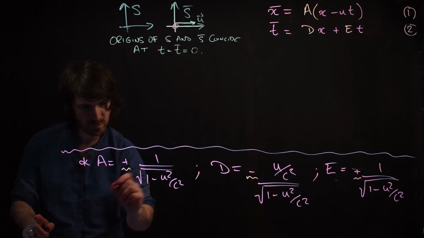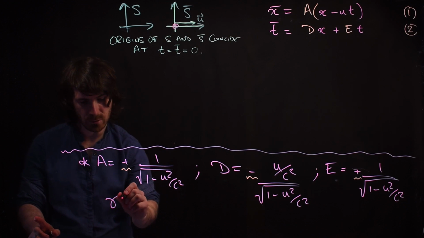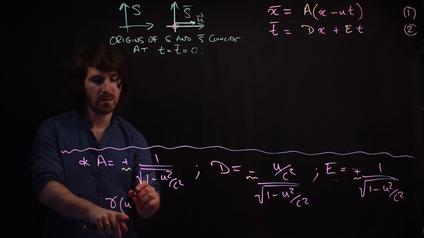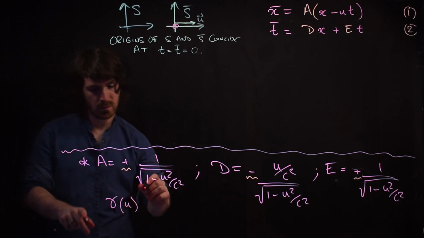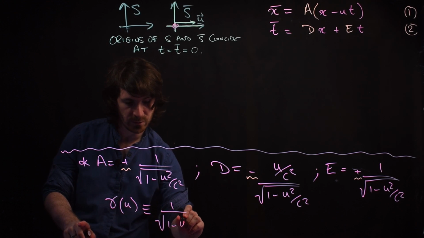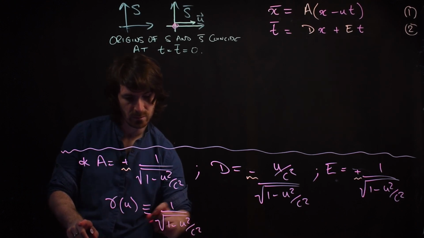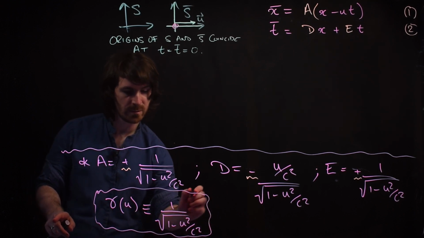So let's introduce some quantity we call gamma, and it depends on the speed u at which the two frames are moving apart. This is defined by 1 over the square root of 1 minus u squared over c squared. So this is our gamma, the Lorentz factor.